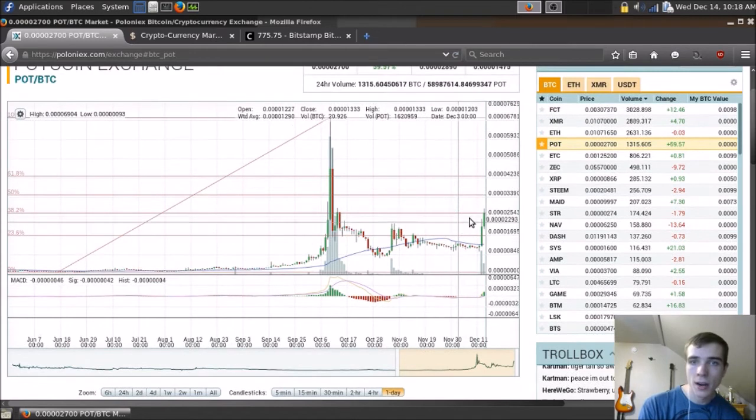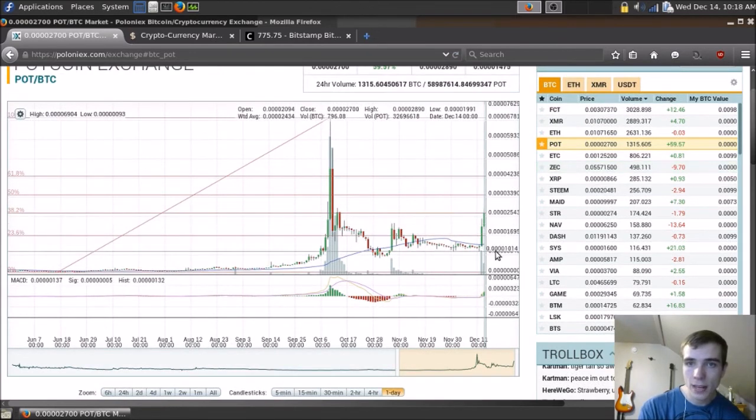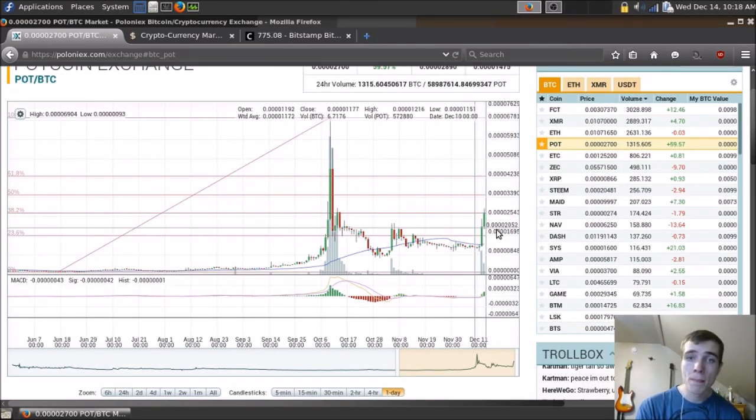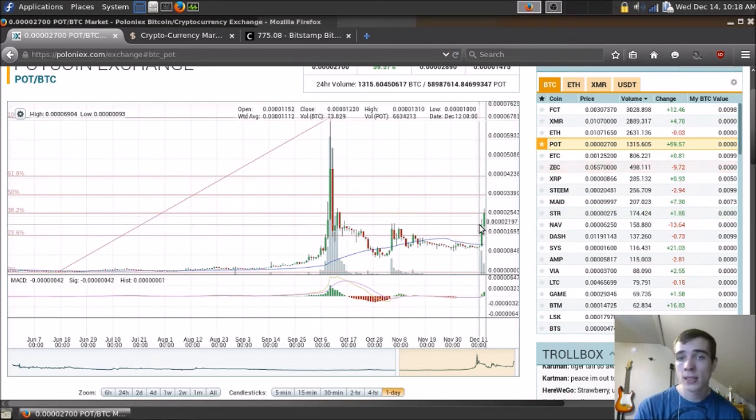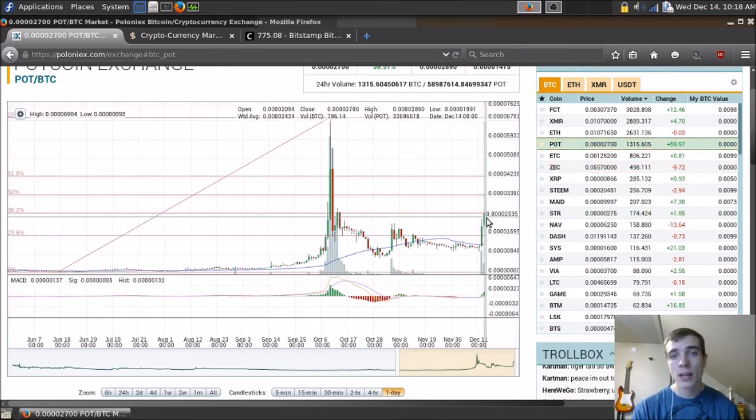So I kind of wanted to wait and see if it came. But yesterday, I bought some when I started to see it break out, and that was a really good move because I saw over 100% gains in it. That was December 13th, and that's a good thing to see in a currency when it over doubles in value in one day.